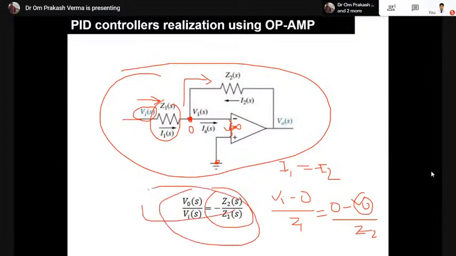Again, this is the transfer function. So now you understand what the transfer function means: the relation of the output to the input in the Laplace transform, with all initial conditions zero.